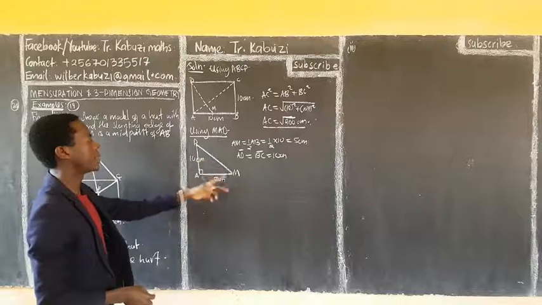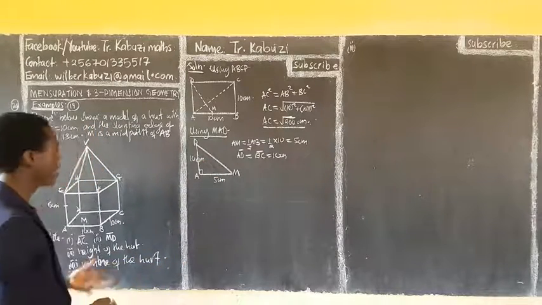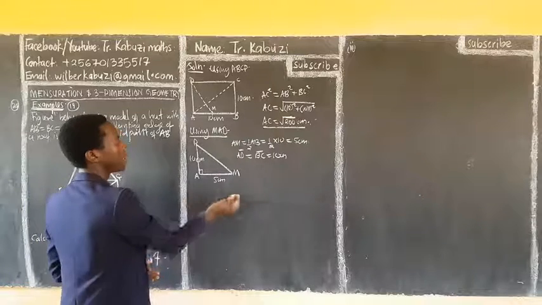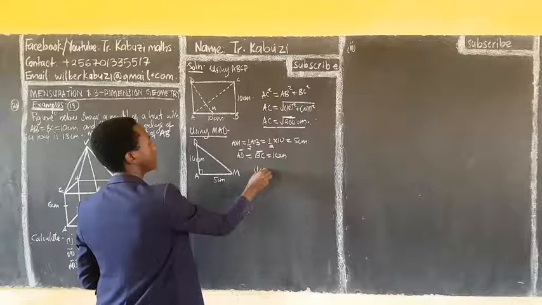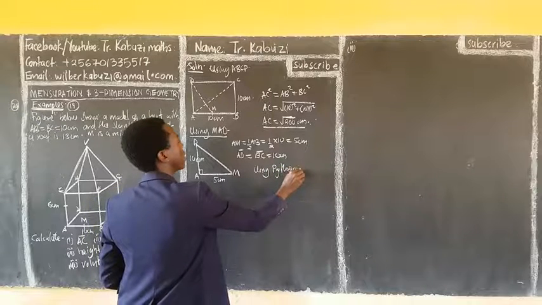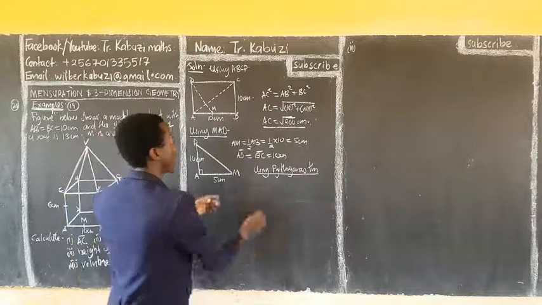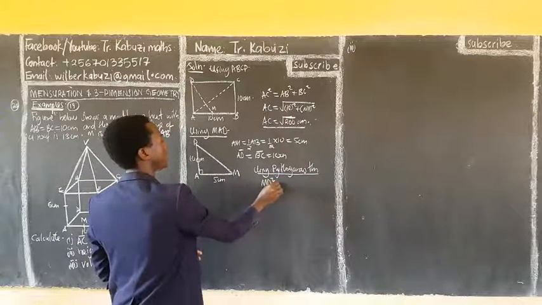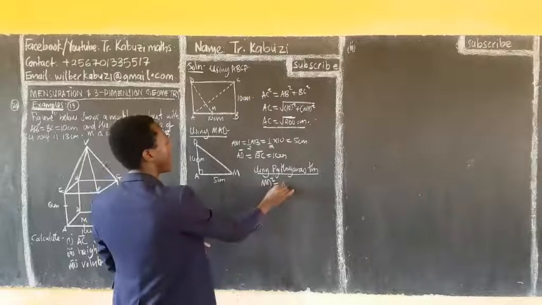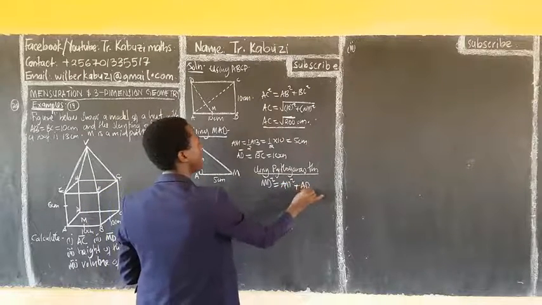Now, to get MD, this is the longest side, so of course I'm using Pythagoras. My MD squared is going to be AM squared plus AD squared.